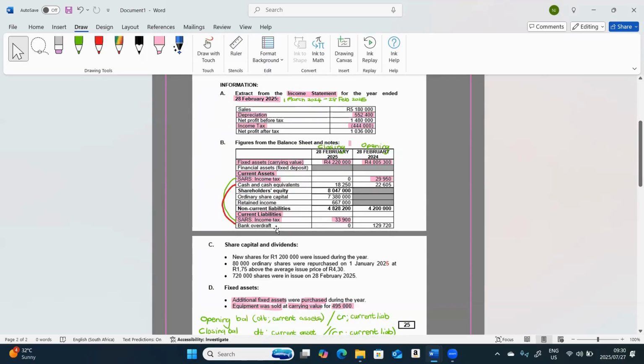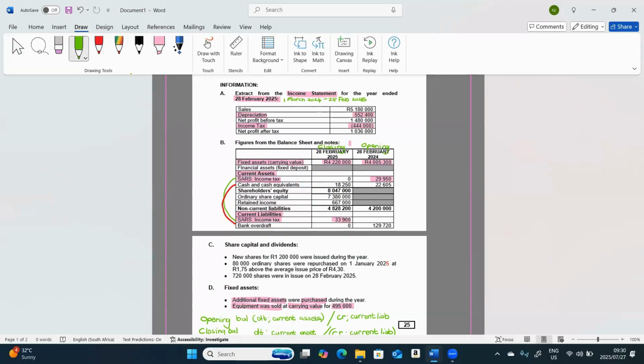That is not just our bank account itself. So this is also very important to note that we have to play off these two amounts against one another, right? So we had a bank overdraft of 129,720 Rand, a specific bank account that was in overdraft, okay? But then we had other positive bank accounts as well. So it's very important for us, guys, to be on the lookout for this. I omitted to explain this previously, so just quickly listen to this.